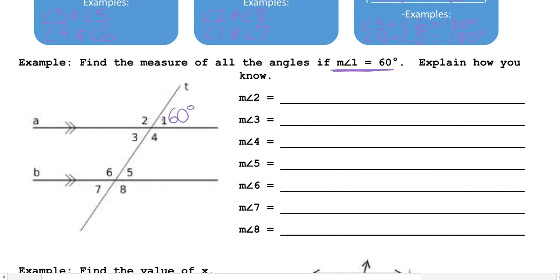So I can do this a couple different ways. I don't necessarily have to start with angle 2. I might just use the angle relationships that I know. So right off the bat, the angle relationship that sticks out to me, I see a shared vertex, and I see two angles that are opposite each other. So the angle relationship that 1 and 3 have are vertical angles.